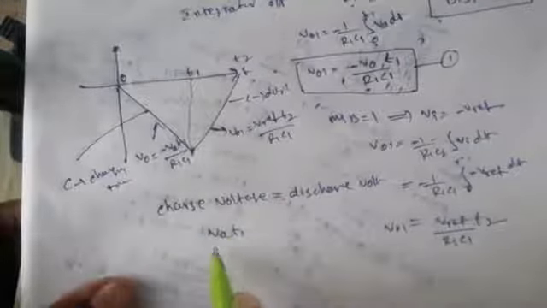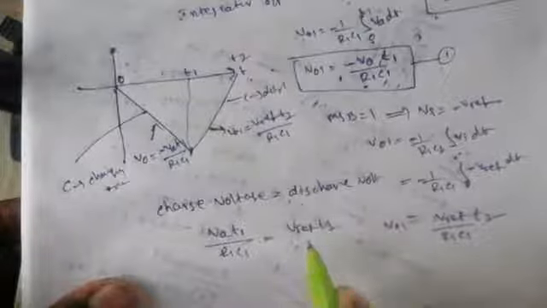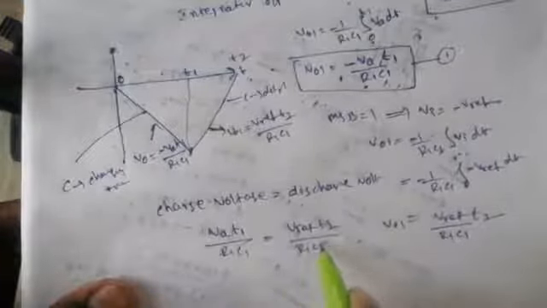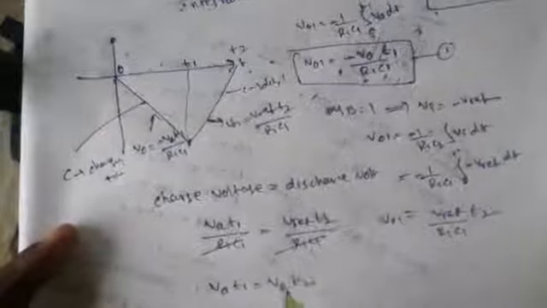When we consider magnitude, that negative sign will not appear. So VA into T1 by R1 C1 is equal to V reference into T2 by R1 C1. Here R1 C1 is cancelled. VA, the analog input voltage, into T1 is equal to V reference into T2. This is a very important formula.